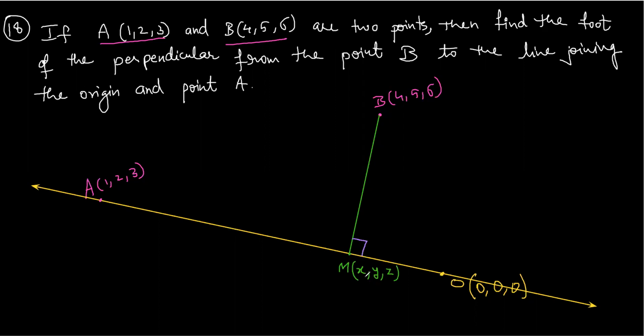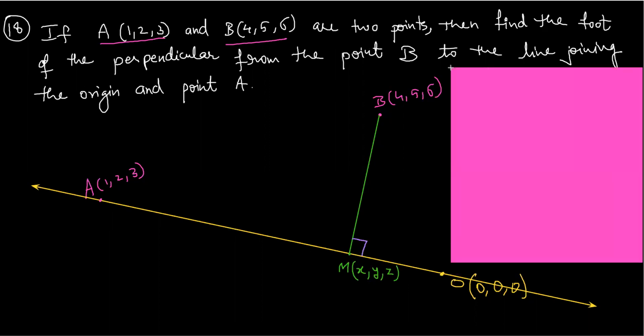And I assume that the coordinates of M, which is the foot of the perpendicular, are (x, y, z). So now I have to find the value of x, y, z. See, how do I solve this? For solving this, I'll be using, if you remember, a pointer I had given to you all. A pointer means a point to be remembered. And what was that?